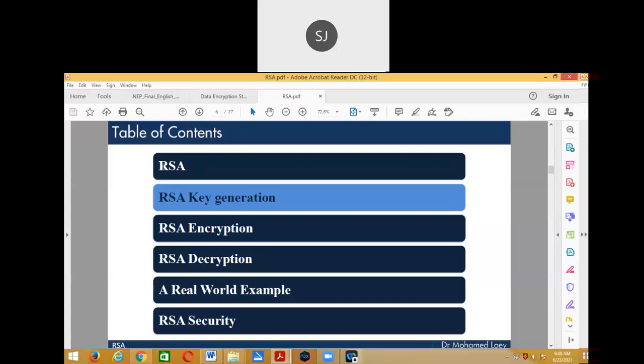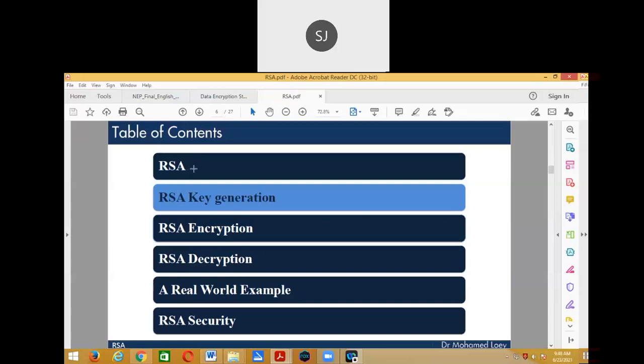This RSA has been broken several times, because every time they organize a competition, they give a challenge to everybody and ask them to break it. Whenever RSA is broken, its key size is doubled.